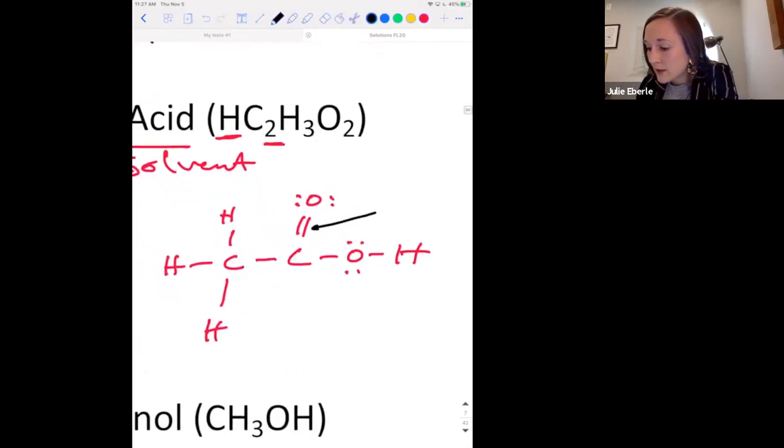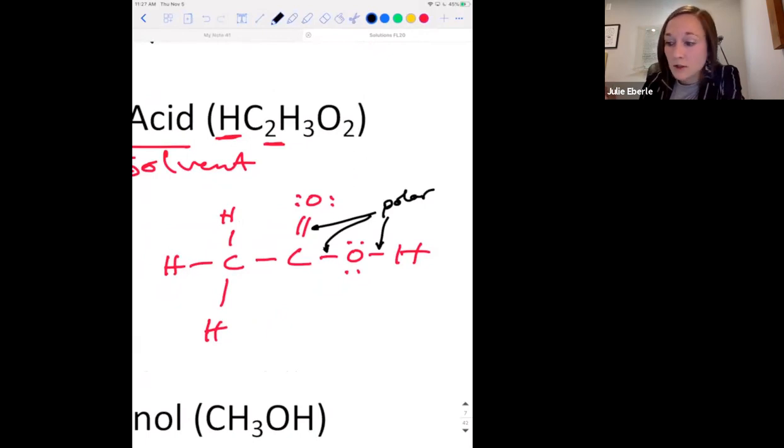So these bonds right here are polar bonds. And this oxygen hydrogen bond is polar too. And there's no symmetry in the molecule. So could we draw a dipole pointing from the partial positive portion of the molecule towards the partial negative portion, the electron dense portion of the molecule? Absolutely, we could. Let's do that.